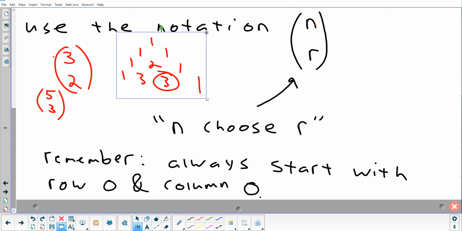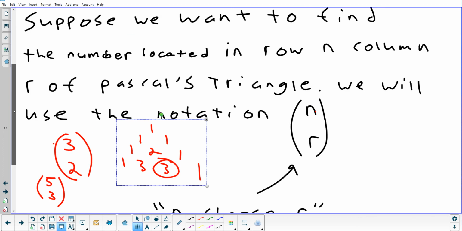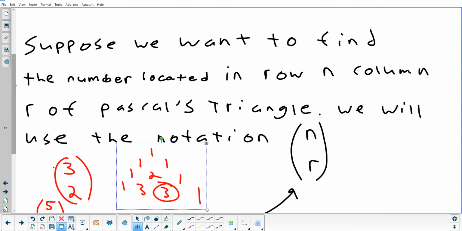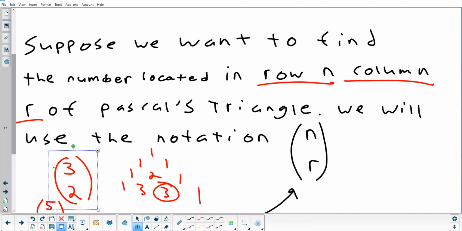In N choose R, the row is N, the column is R. The row you want, the column you want.